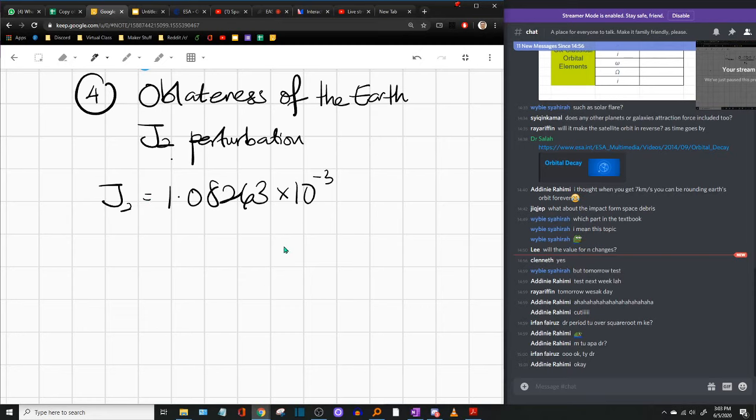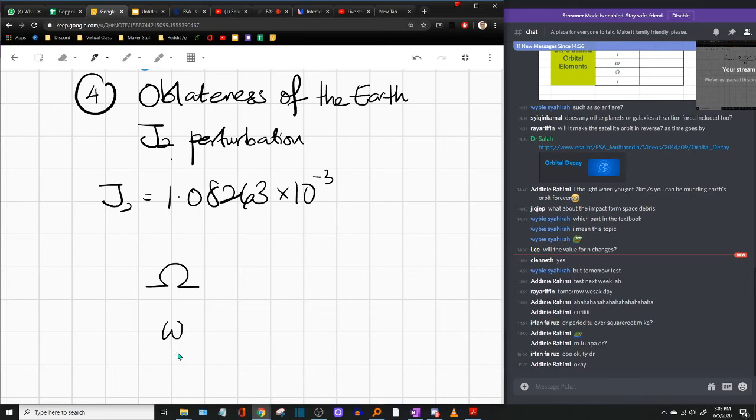Why am I showing you this number here? It's because the obliqueness of the Earth, the non-uniformness of our Earth, will change two of our orbital elements: one is the right ascension of the ascending node, omega, and the other one is the argument of perigee.